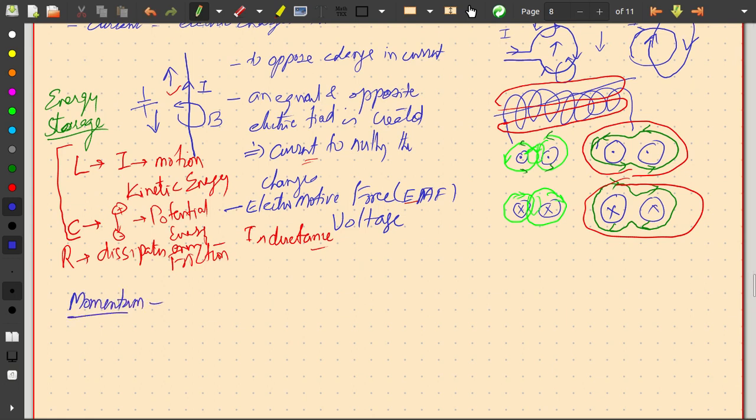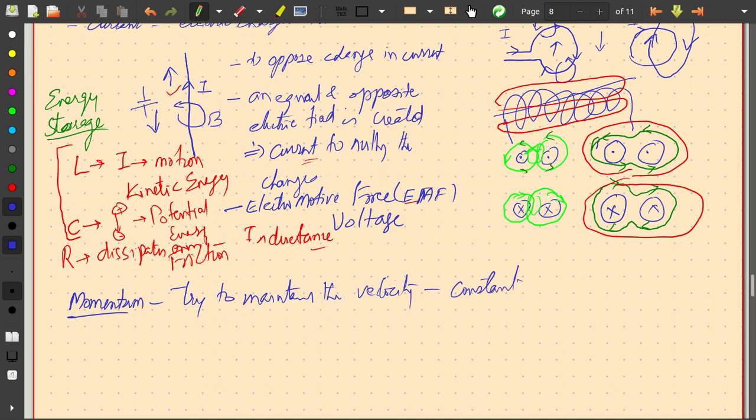So momentum of any body tries to maintain the velocity constant. Here we are talking about electrons as the body. They are moving, and the velocity of the body needs to be constant because of its momentum.